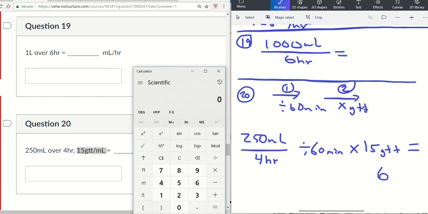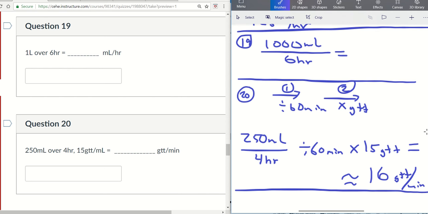Because it's 250 divided by 4, divided by 60, times 15. So 15.6, yeah, about 16. So we'll round up, 15.625, round up to 16 GTTs per minute for that.